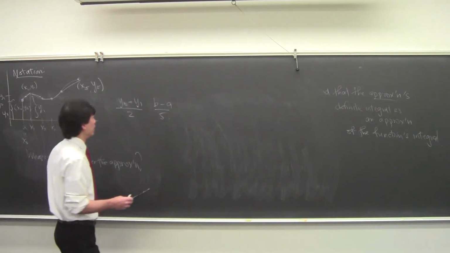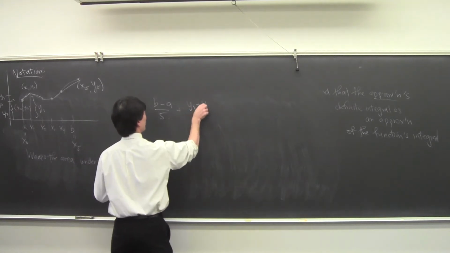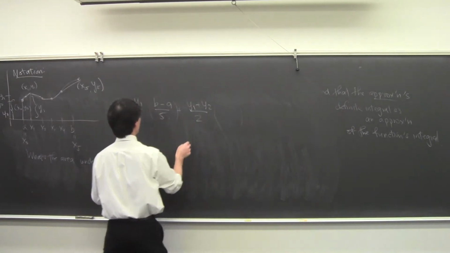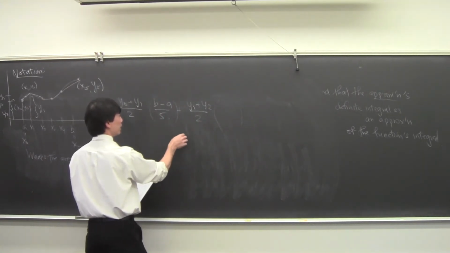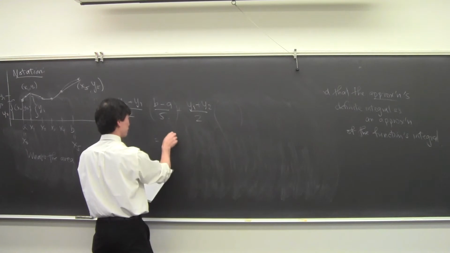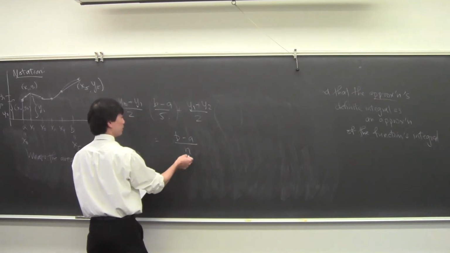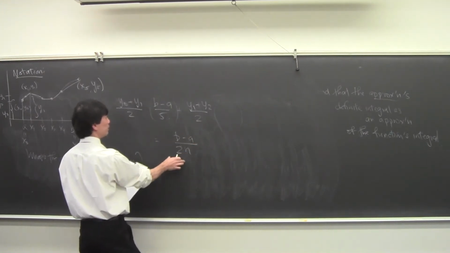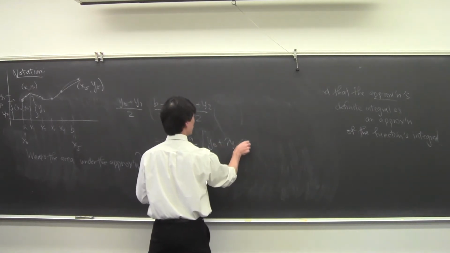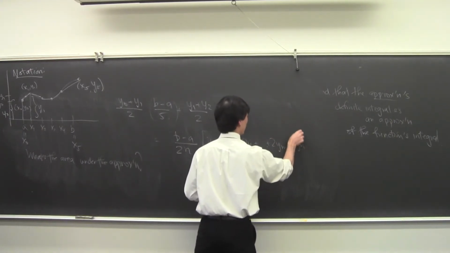Okay. Right. And so then you get y1 plus y2 over 2 times the same thing, right? Et cetera, right? So in the end, what you're going to get is, let me write it like this, b minus a over n divided by 2 times y0 plus 2y1 plus 2y2 plus 2y(n minus 1) plus yn.